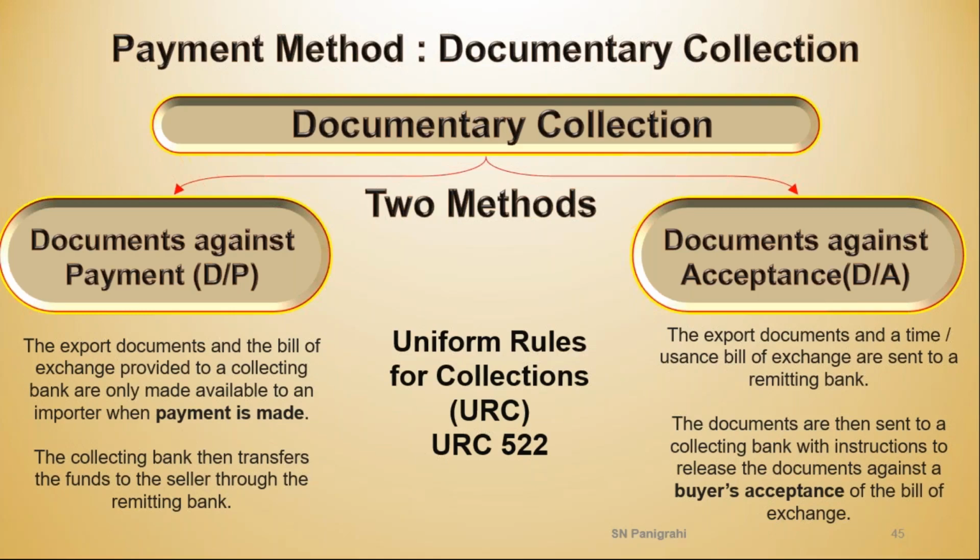With that assurance, the bankers will release the documents to the importer, but he has not made the payment. The payment will be due on the due date, maybe 45, 60 or 90 days, whatever it may be as per the agreement. That payment will be released on the due date. So that is what these transactions are. Okay.